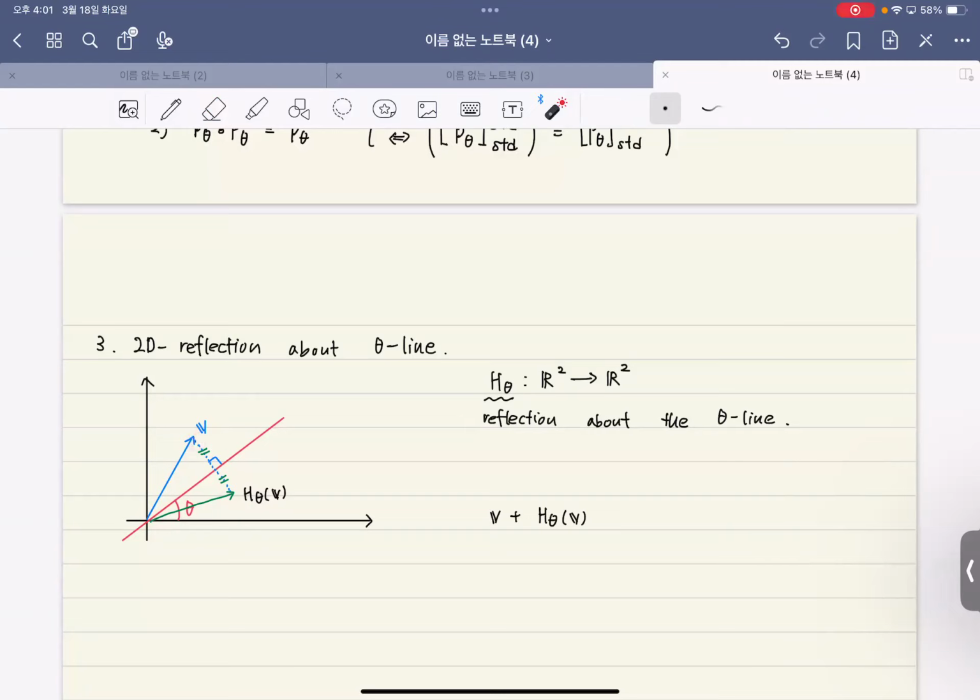If I add these two vectors, then the resulting vector is this vector, starting from the origin and ending at this vertex. This vector must be V plus H theta of V, right?